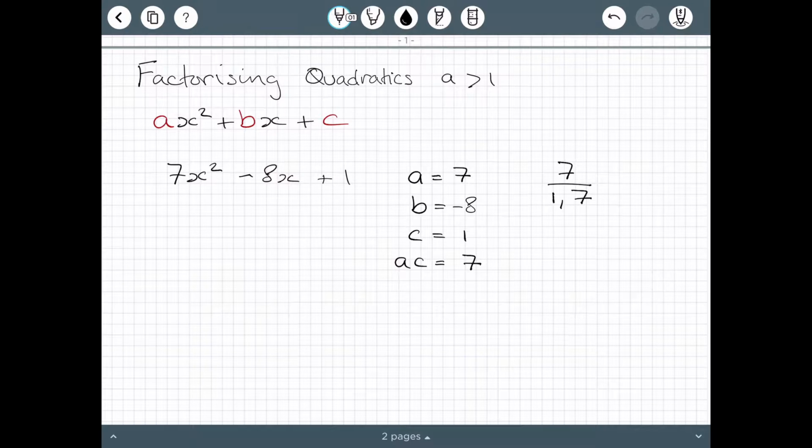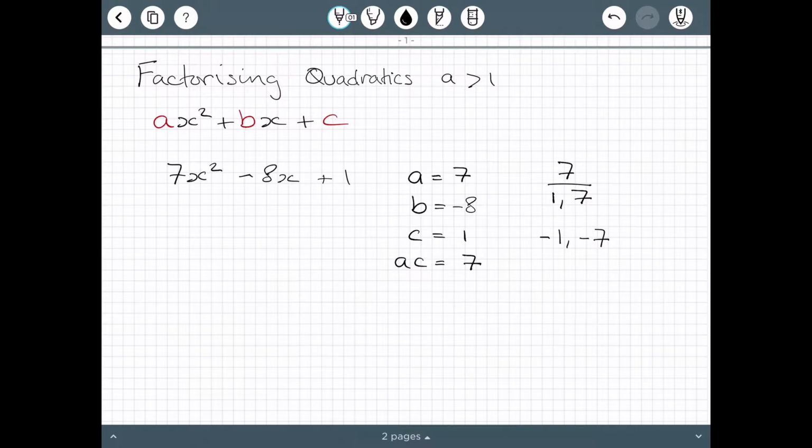Now, the numbers that we choose must multiply to make AC and, at the same time, if we added them together, make B. So B is negative 8. Well, the only way I can make negative 8 with 1 and 7 is to use minus 1 minus 7. Now, we have to check these. Do these multiply to make positive 7? Yes, they do. So, because they do, we're ready to go.